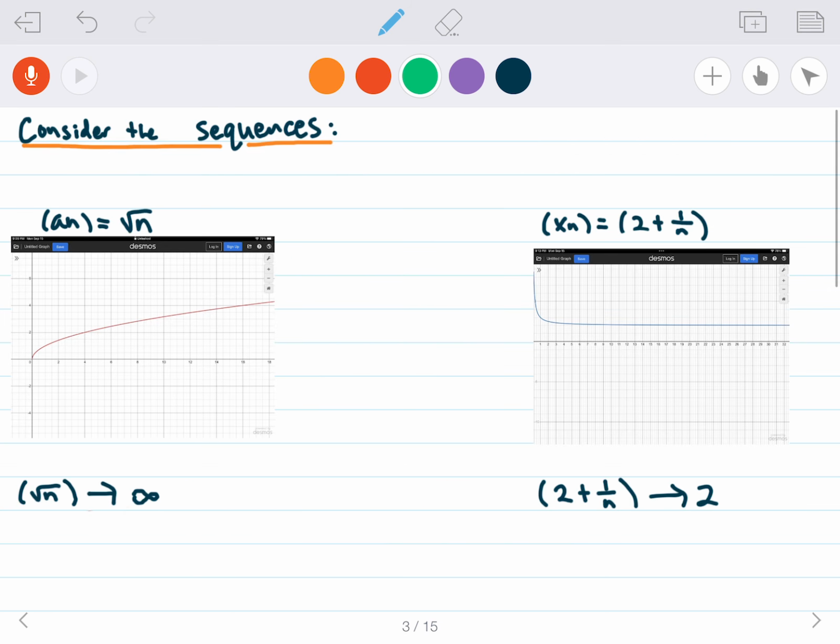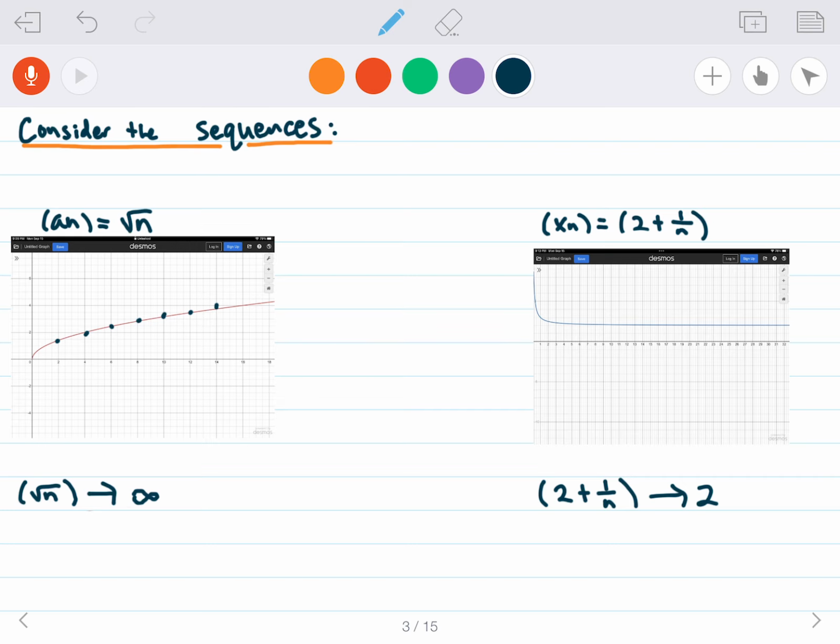So let's look at some examples here. I Desmos graphed these as functions rather than sequences, but you want to think of these as sequences. The first one is the square root of n. So instead of this continuous curve, we have some discrete values here.